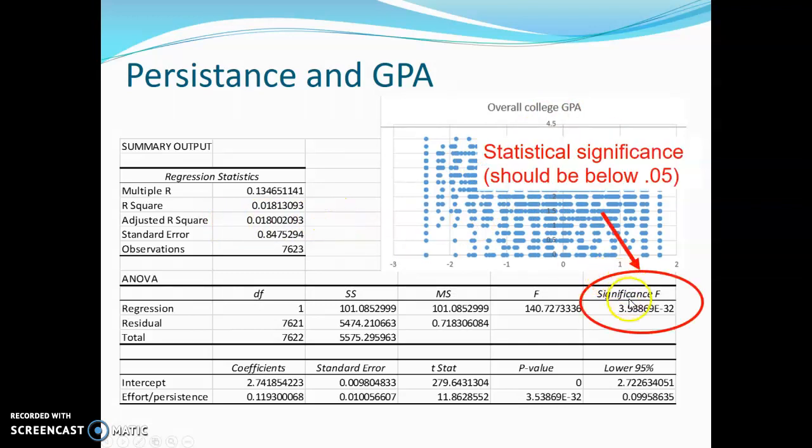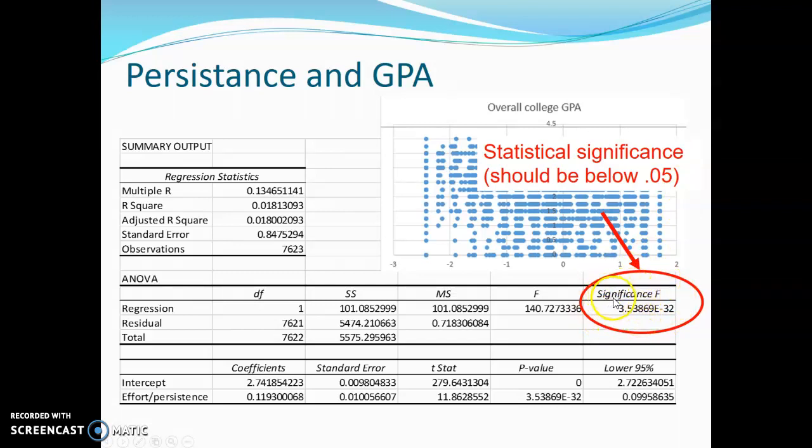But the first thing we want to go to is right here. We want to answer the question immediately: do we have good evidence that persistence in some way can predict college GPA? High school persistence, can it predict college GPA? This is called statistical significance. It's a yes-no question, and we're going to make our answer based on how low this significance F is.